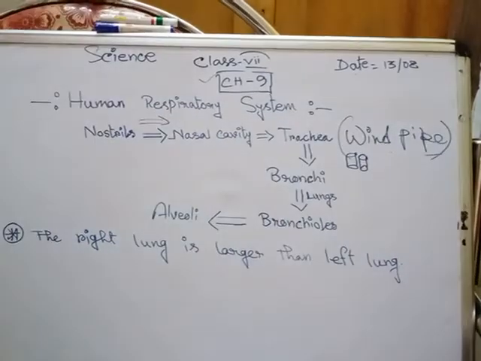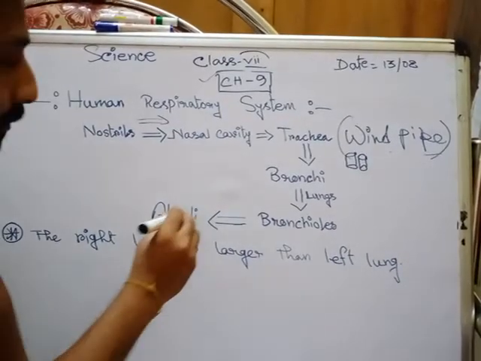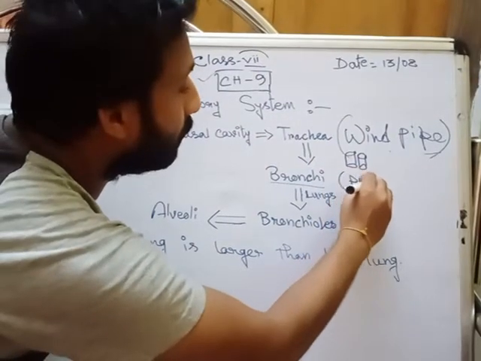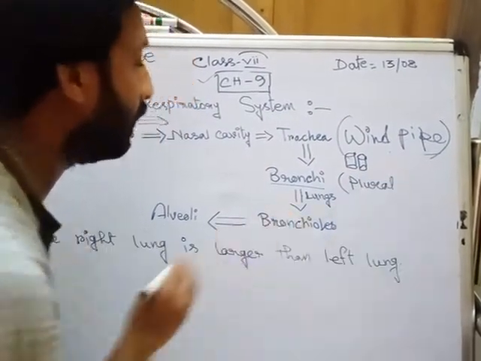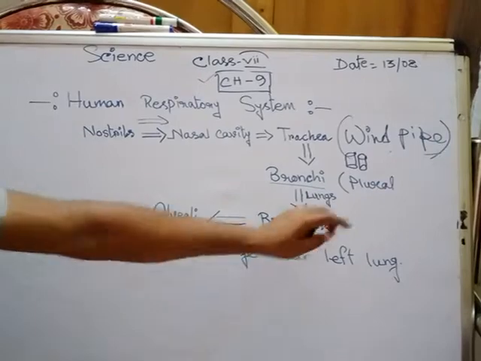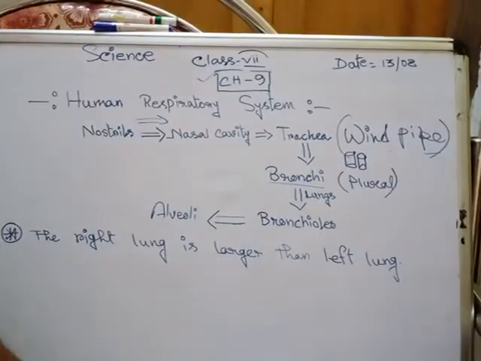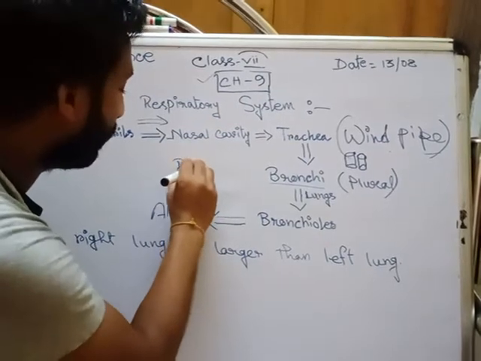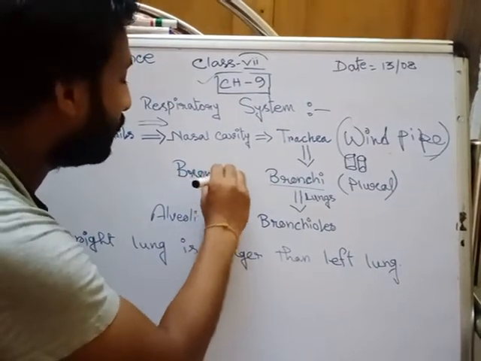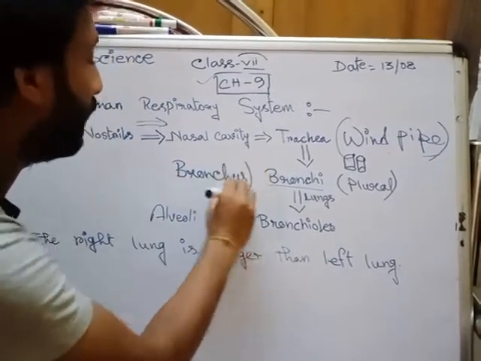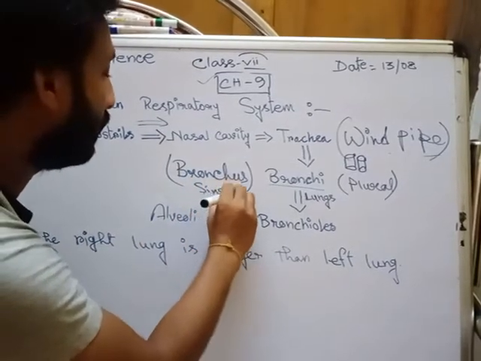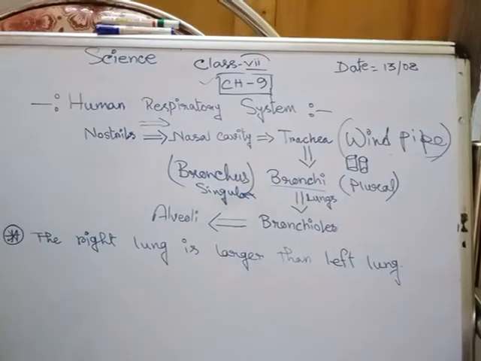Bronchi is the plural form. If it is singular, it is called the bronchus, B-R-O-N-C-H-U-S. It is the singular form.